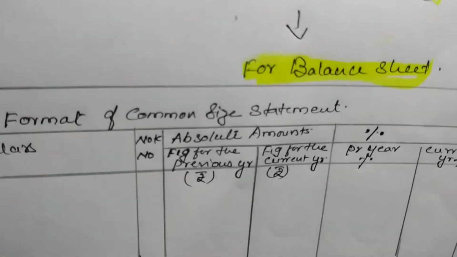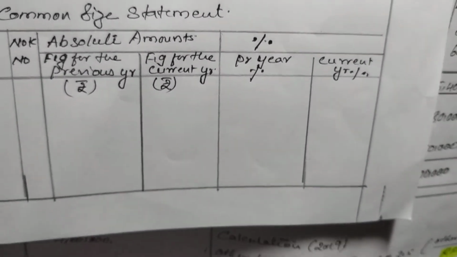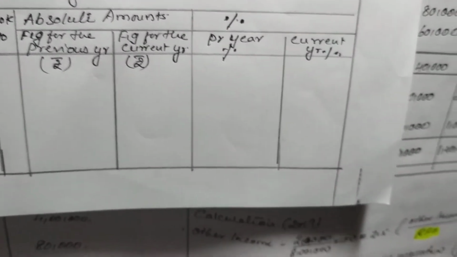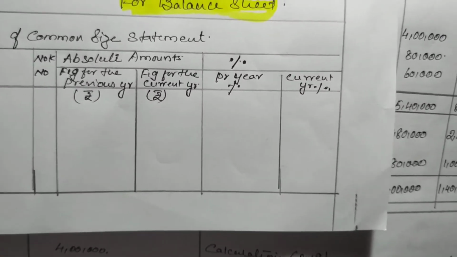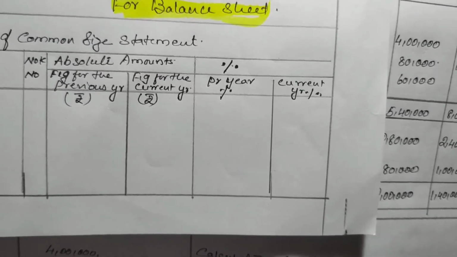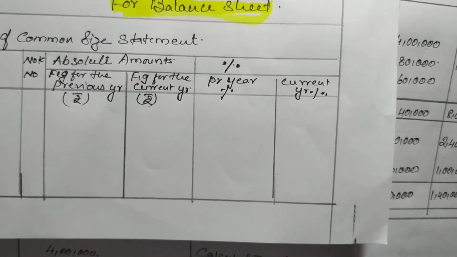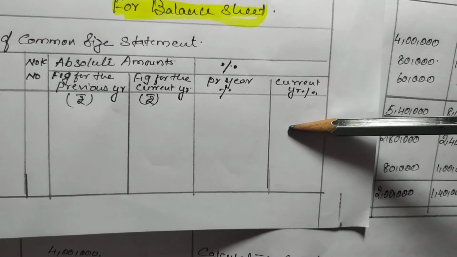Absolute amount has two columns, one of previous year and the other the figure of current year. Then percentage amount, that also consists of two columns, one of previous year and the other of current year.